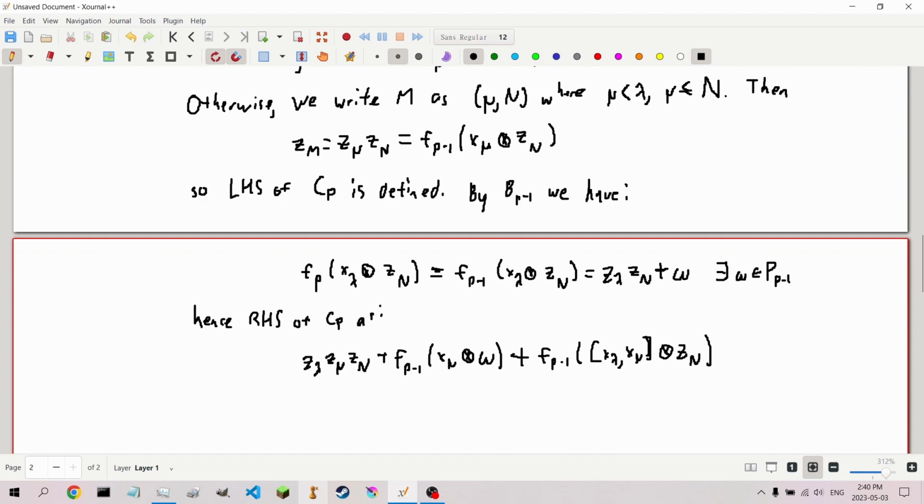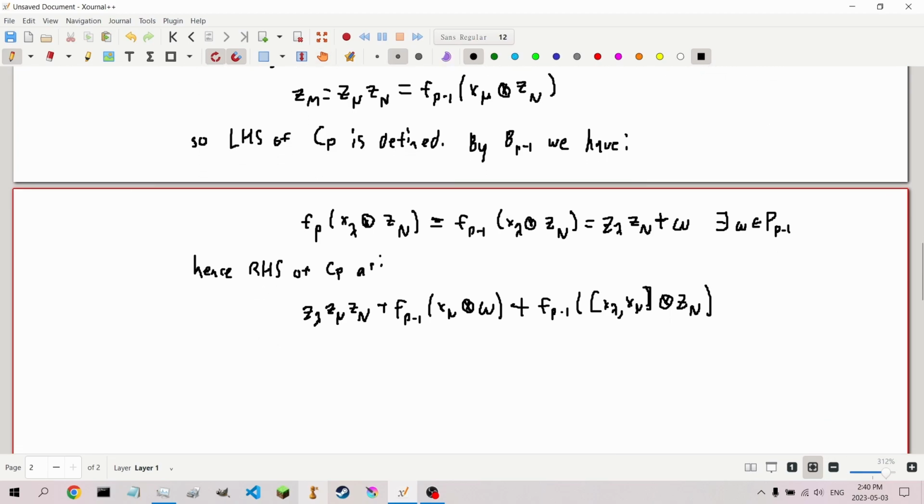So plugging this into the left-hand side of C and this into the right, this defines Fp uniquely through a formula.